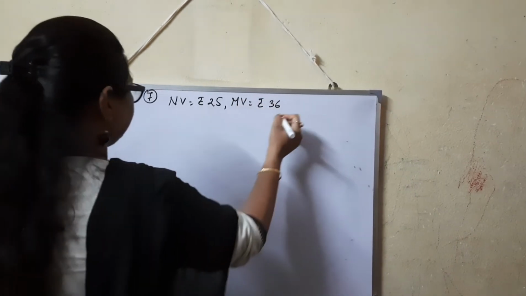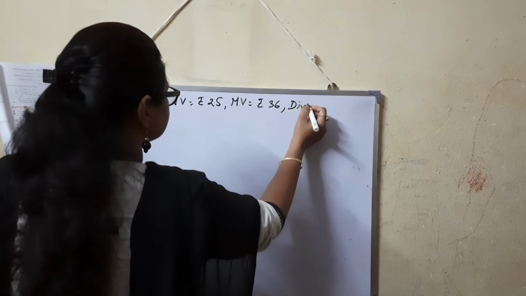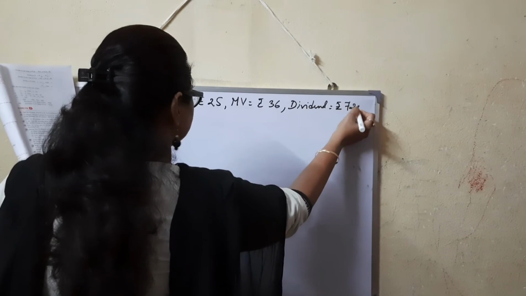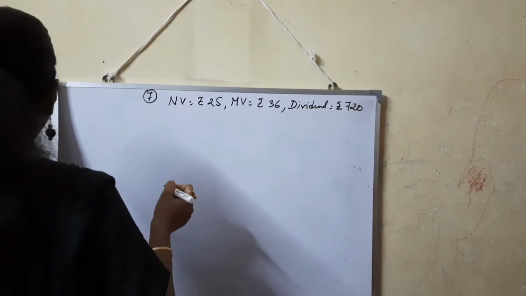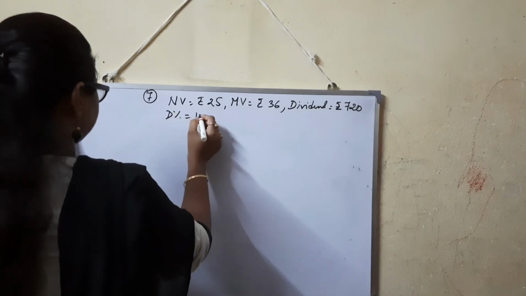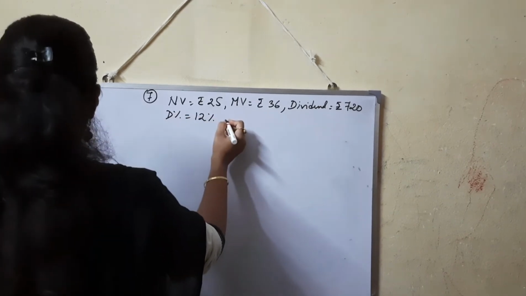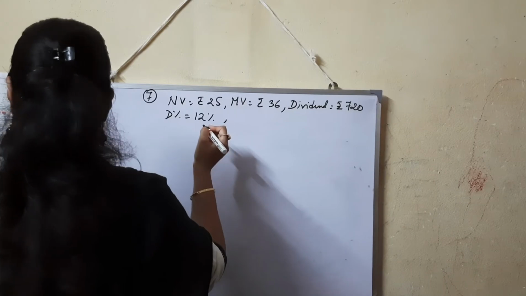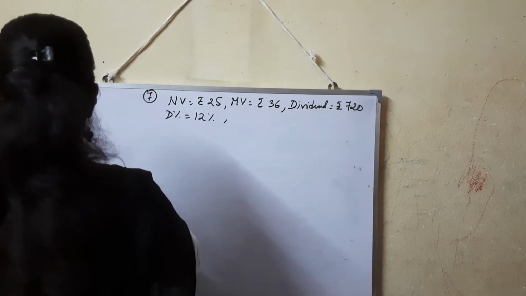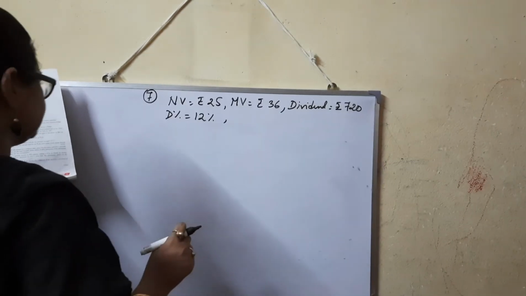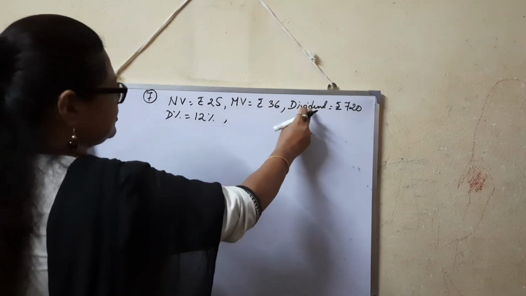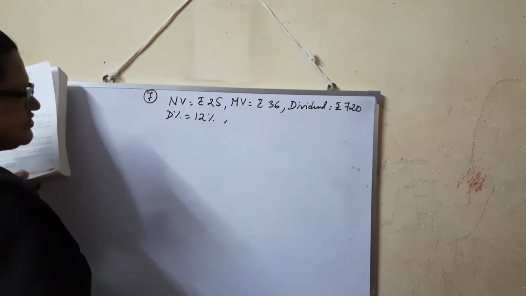To obtain an income of, so dividend is rupees 720. If the dividend declared is, so dividend percent has also been given. You have been told to also find the percentage return on his income. Okay, simple sum. We have been given nominal value, market value, dividend and dividend percentage.